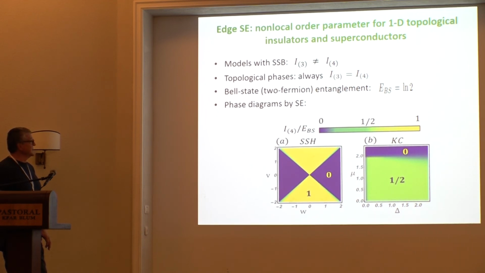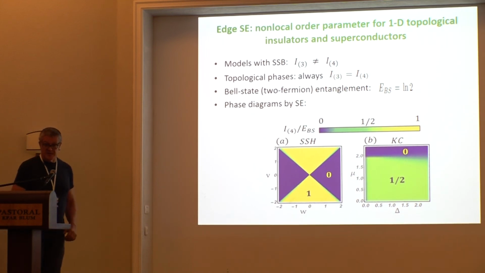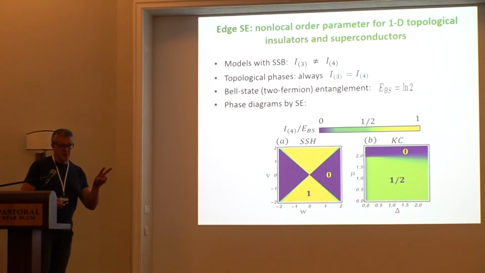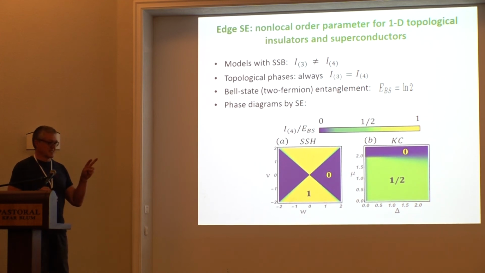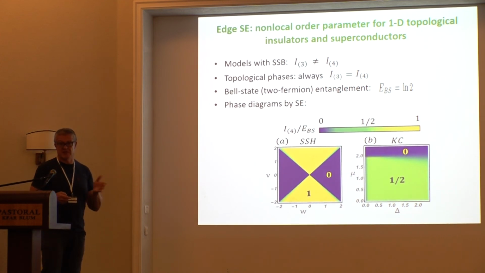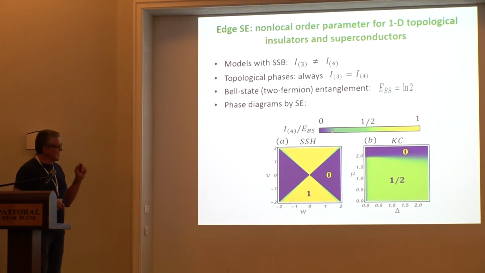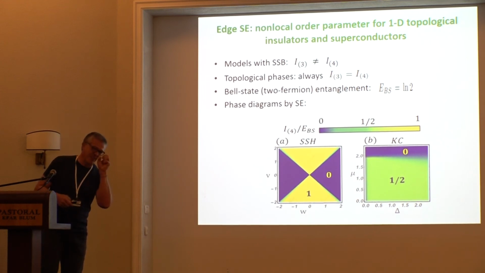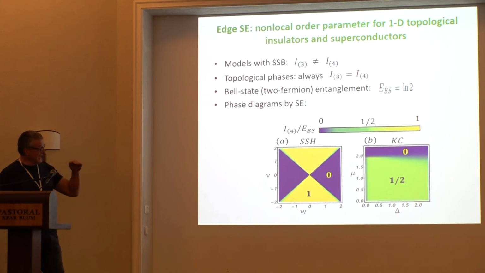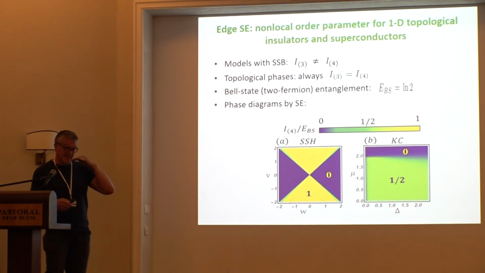And what we find is that in the case of SSH, where the edge modes are fermionic, we have a two-fermion edge-edge long-distance entanglement, which is logarithm of 2, the maximal Bell state entanglement. While the Kitaev chain has Majorana edges, so half a fermion in popular jargon, and then the entanglement between the two edges is exactly half of the Bell state entanglement.